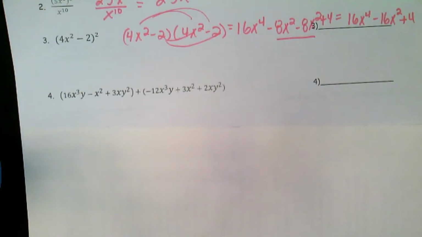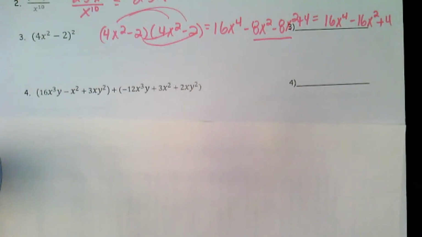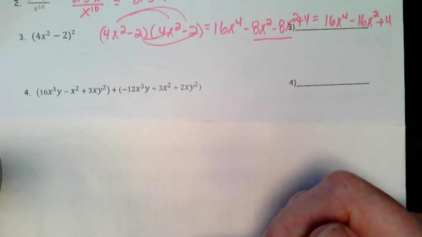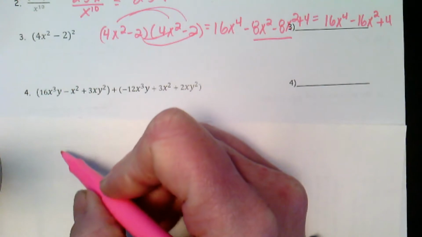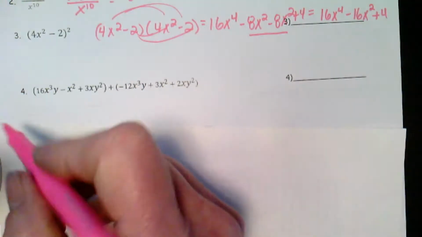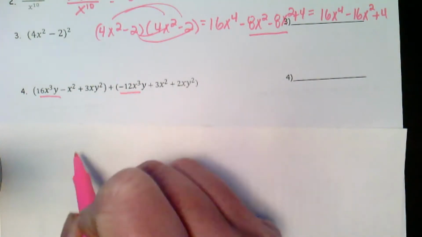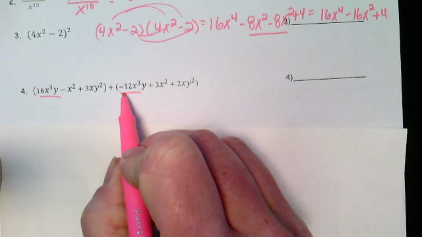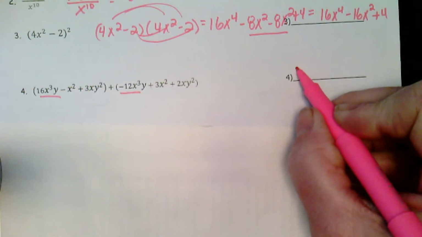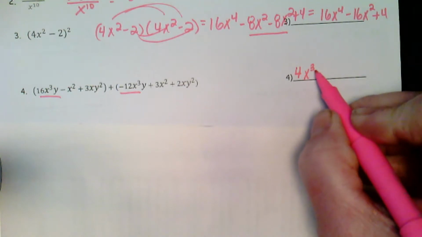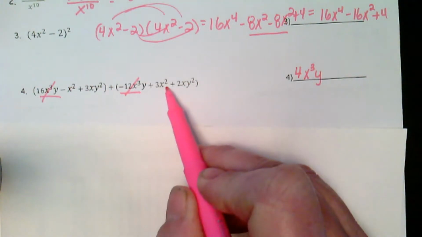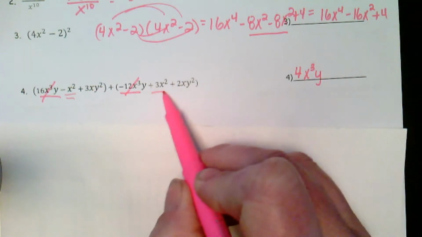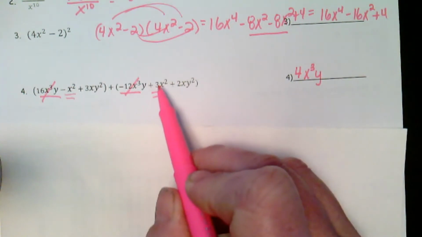Right, number 4. We are simply adding together the 2 polynomials. So we're putting together things that are exactly the same. 16 take away 12 is 4, and the ending stays the same. This is x squared, this is x squared, so we have negative 1 plus 3.